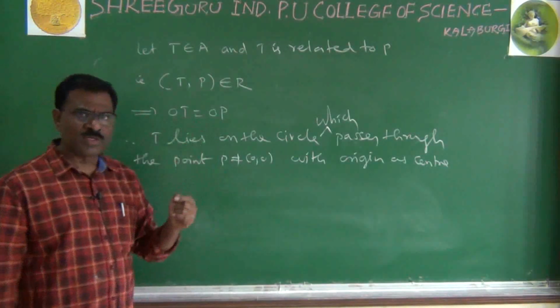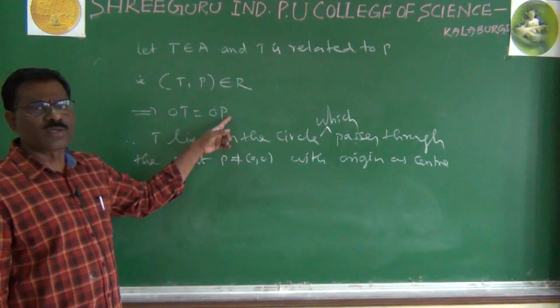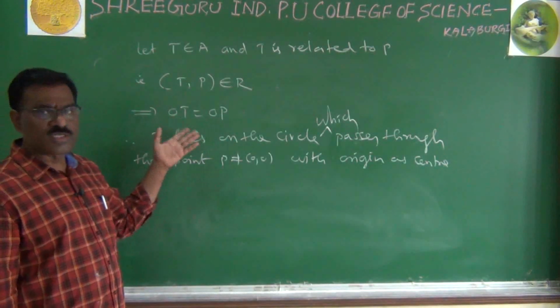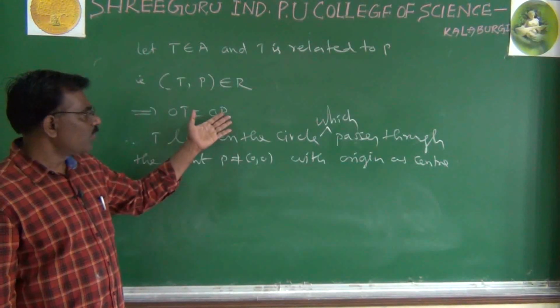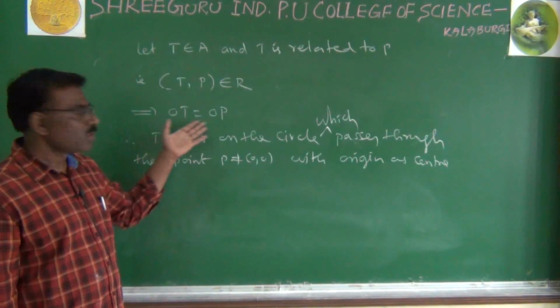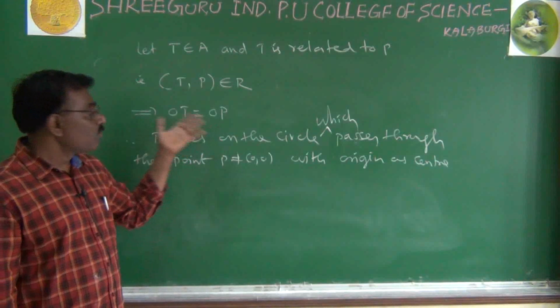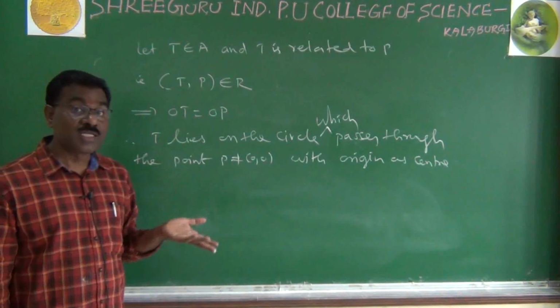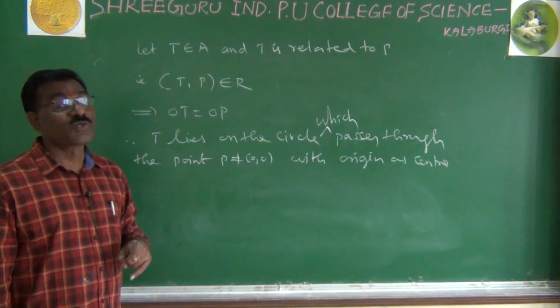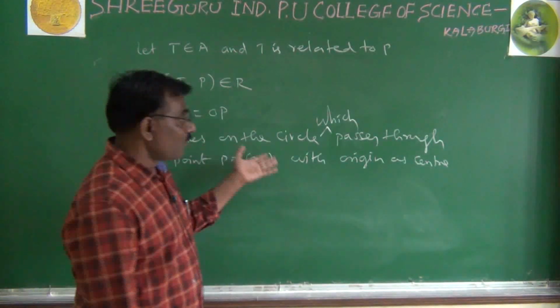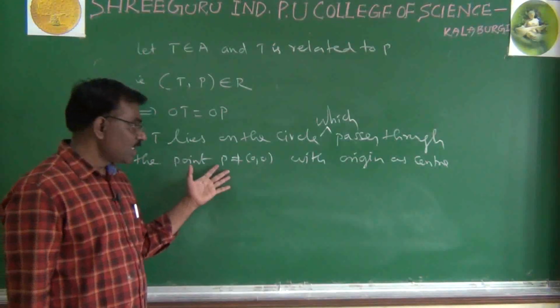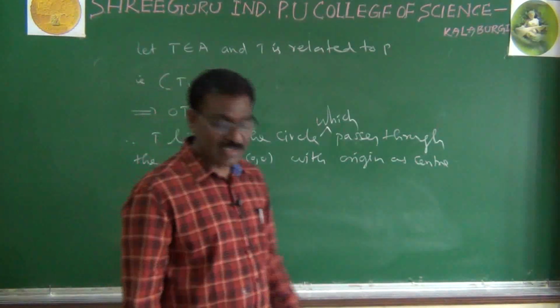These two distances from the origin are the same, so T also lies on the same circle which passes through the point P, with the origin as center.